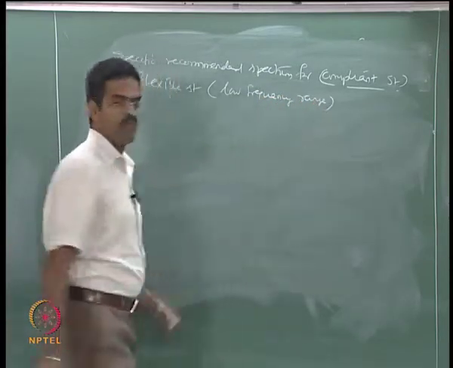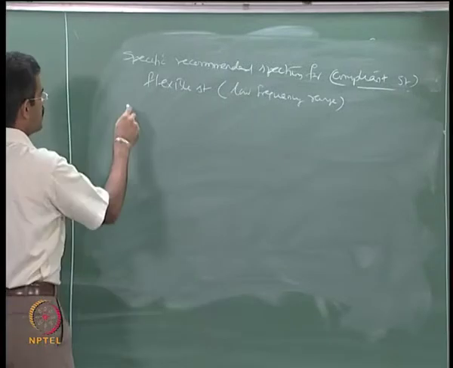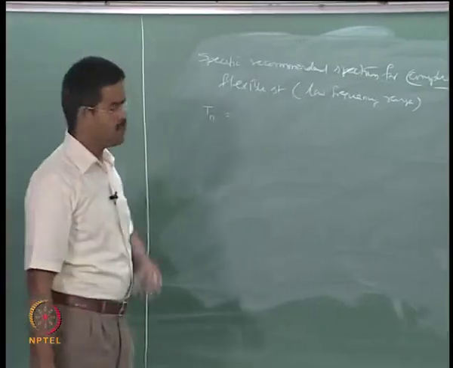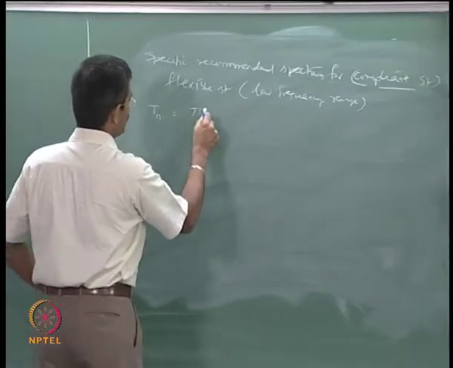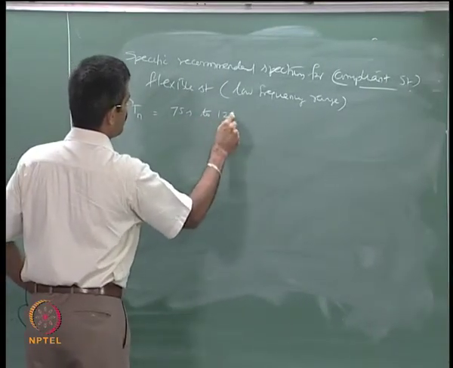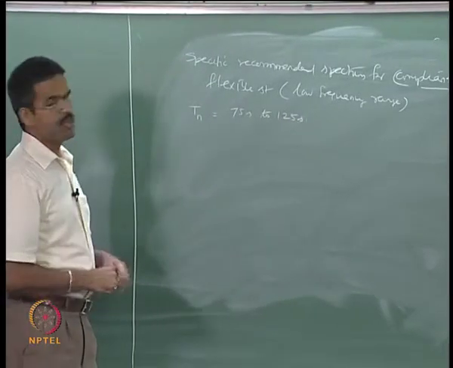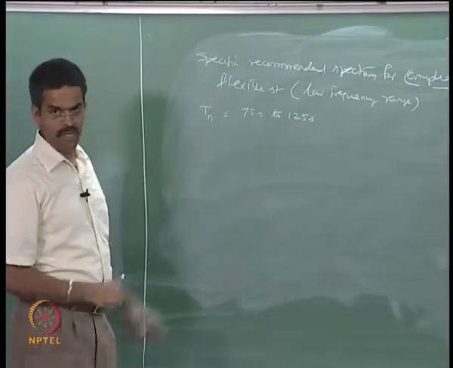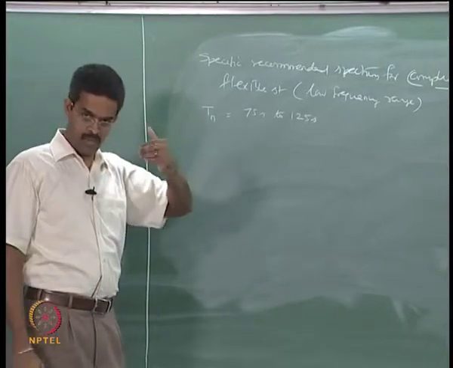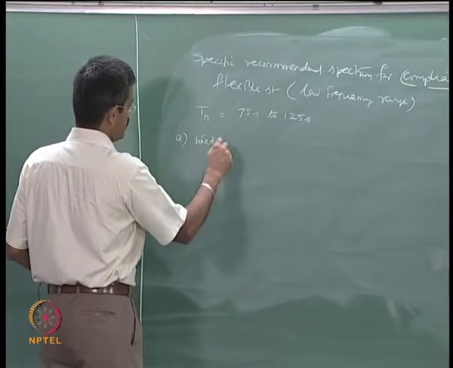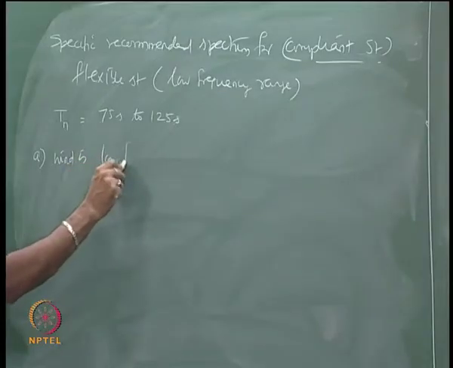What do you understand by low frequency range? The fundamental time period of compliant structures varies somewhere from 75 seconds to as high as 125 seconds. So, we all know frequency is 2 pi by T. So, when the T is higher, frequency is lower, and we also know that wind is a low frequency phenomenon.